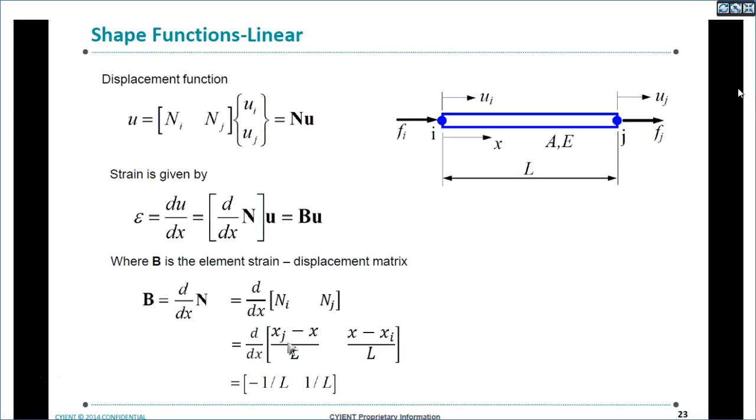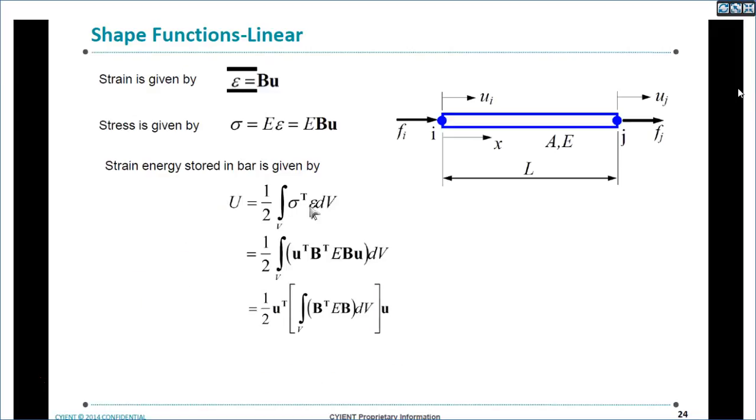When you put the N values here, that is (xj minus x) by L and (x minus xi) by L. When you differentiate, the x factor goes and it is minus 1 by L and 1 by L. So B is nothing but minus 1 by L and 1 by L. So strain is given by B u.